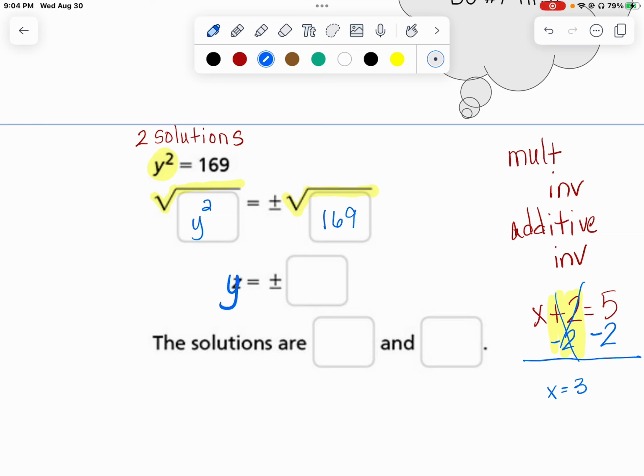Now, for some reason, the literature made it a z instead of a y. Knowing what we know about 169, the square root of 169 is 13. But there's a plus and minus in there.